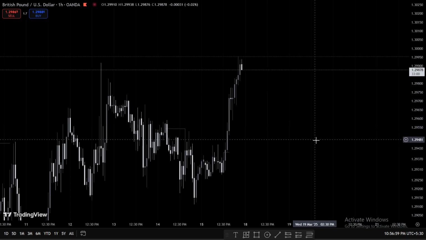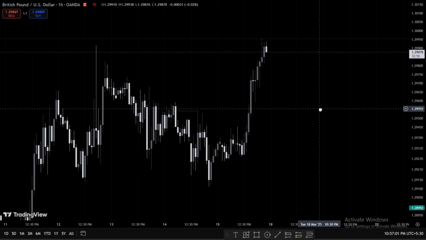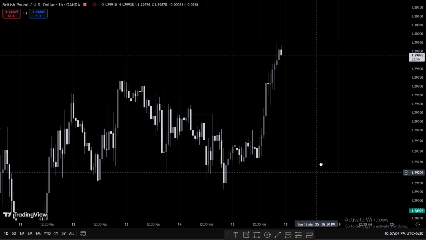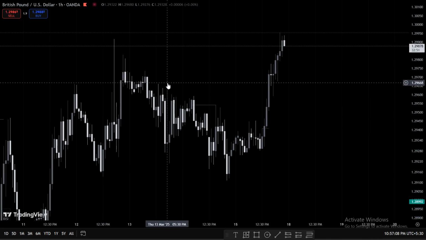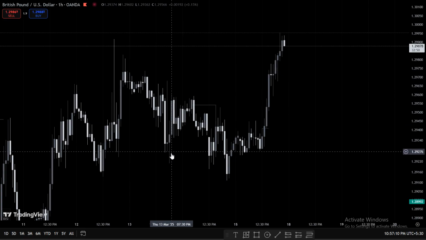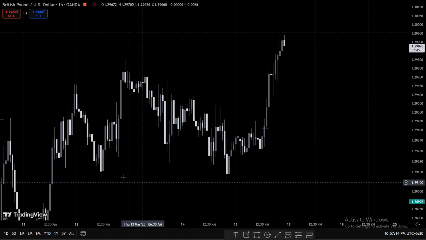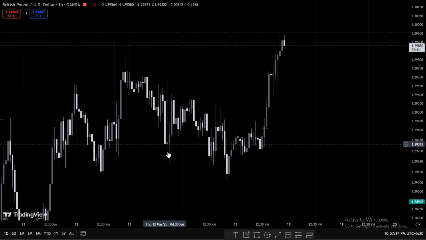So on the 1-hour time frame, from the start of the London session, price was pretty much one-sided. It was as if at this point price started going downwards.